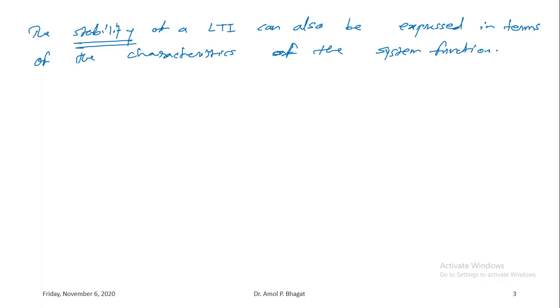When you are talking about system function, so system function is nothing but capital H of z, right? And this H of z is the z transform of impulse response h of n. Okay, so this is the formula for z transform: signal multiplied by z to the power minus n, n varying from minus infinity to infinity, right? So here in case of z domain, the stability of LTI system can be expressed in terms of the system function, that is H of z.